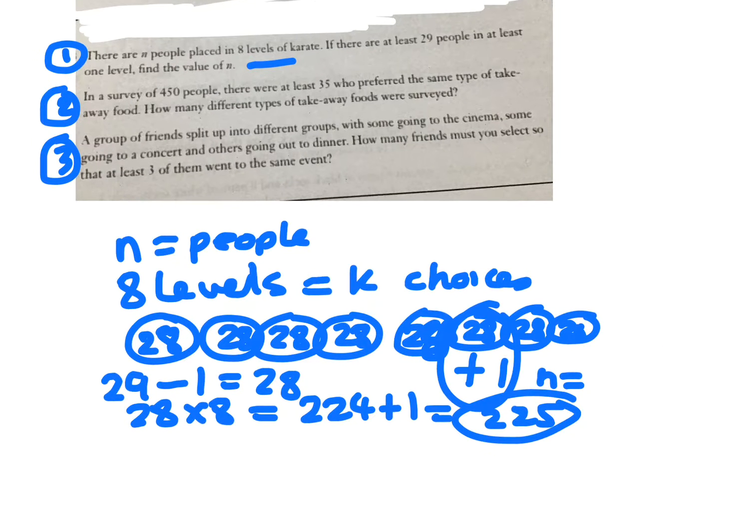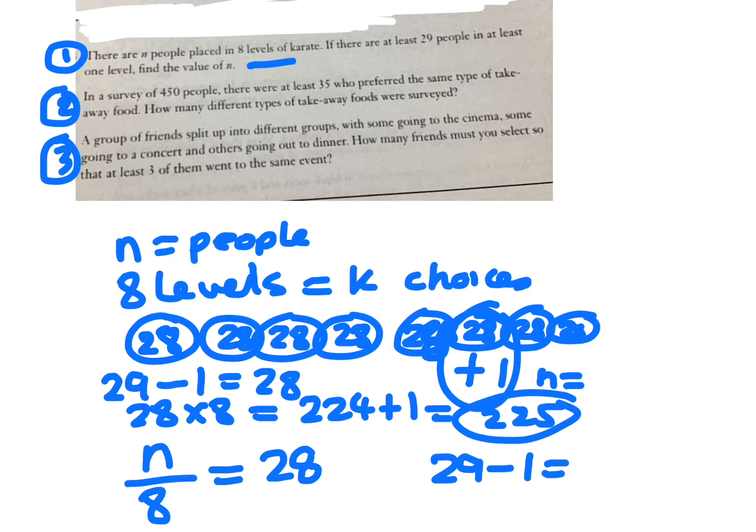Because when you think about it, n over 8 has to equal, we want at least 29 people. So if we were looking at that rule, 29 would be 28 plus the 1, because it's been rounded off. So 29 minus 1 is 28.